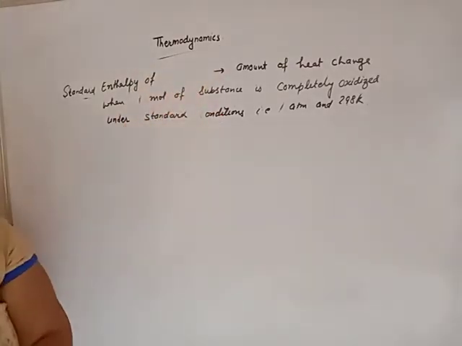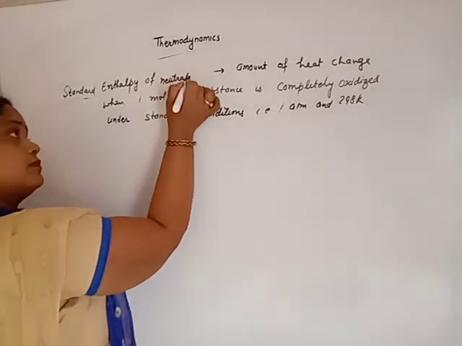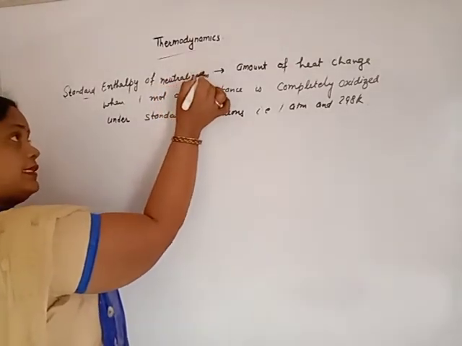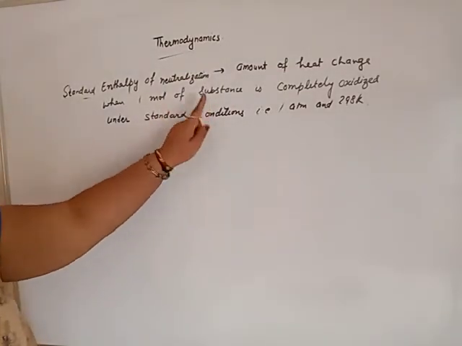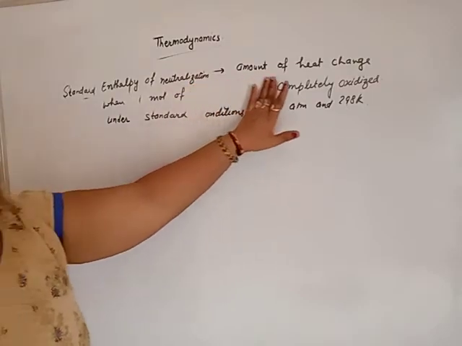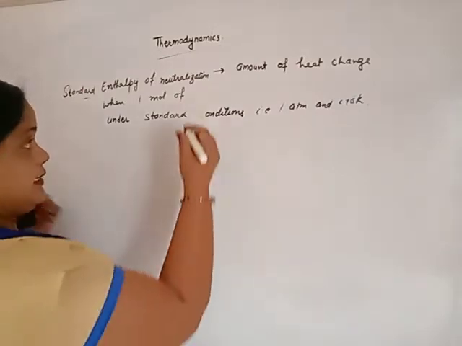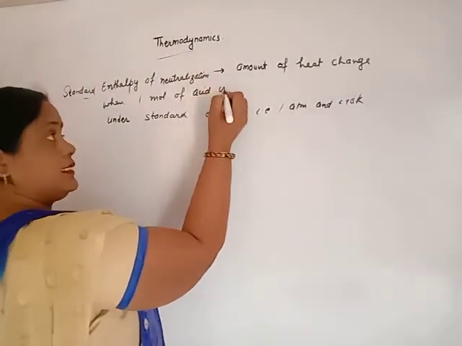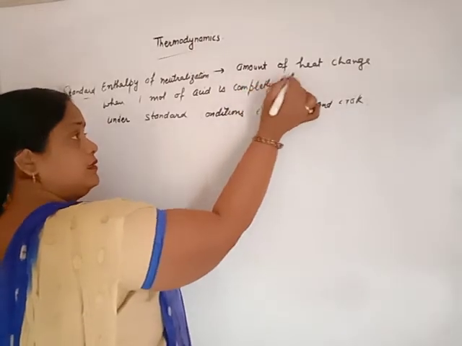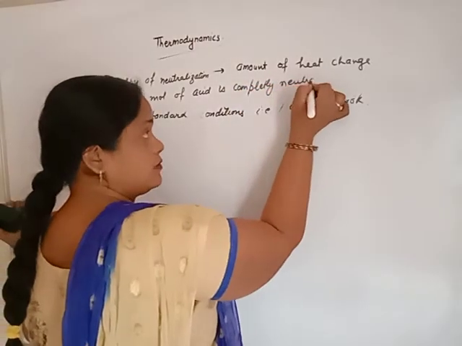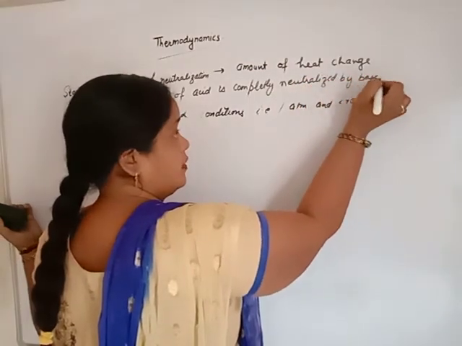Now enthalpy of neutralization. Definition remains the same. It is the amount of enthalpy change when neutralization takes place between acid and base, that is, 1 mole of acid is completely neutralized by base, or vice versa.